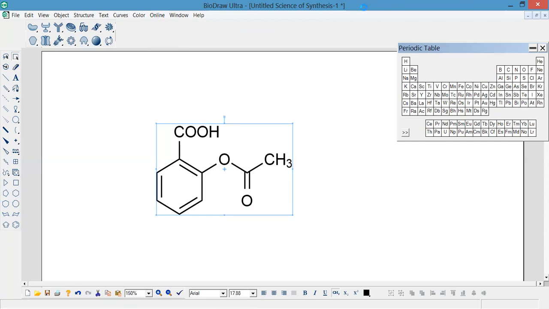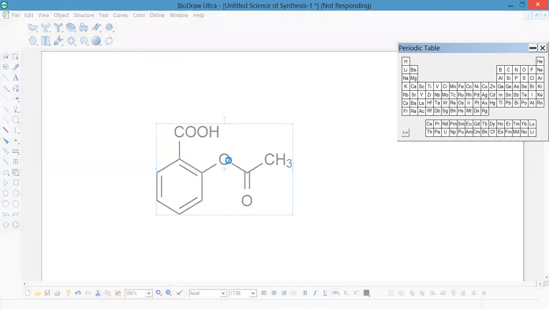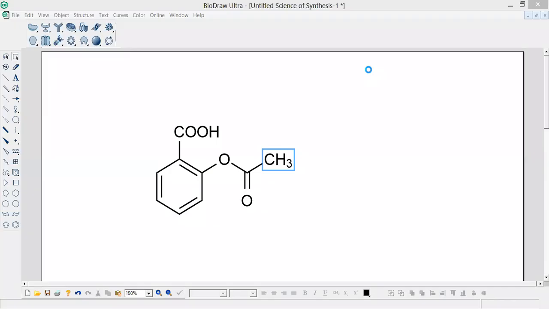Now just wait. This is the structure of aspirin. You can modify the structure of aspirin by using this style toolbar.